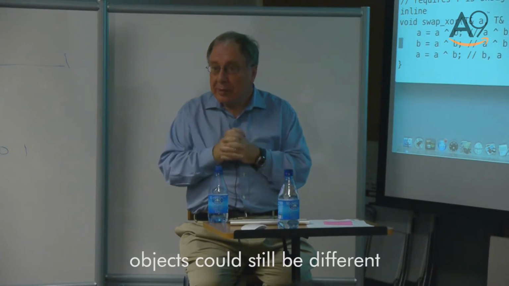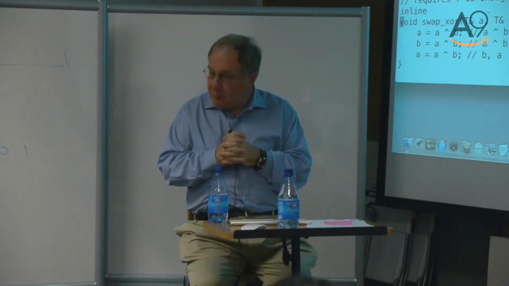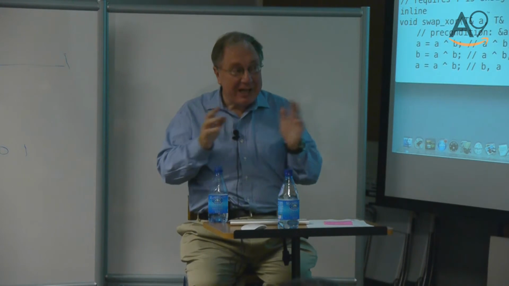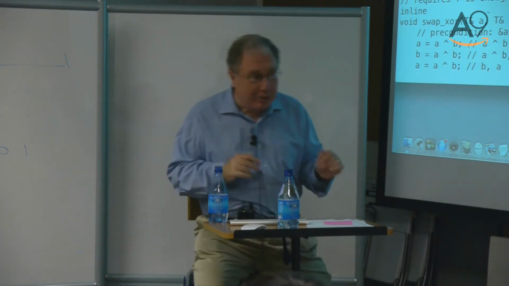So objects could still be different, but they could be equal in value. That is perfectly fine. If the objects are different, our proof works. And if it's the same object, whatever value it contains, at the end of this function it will always contain 0. Because every bit will be zapped completely, totally, and absolutely.